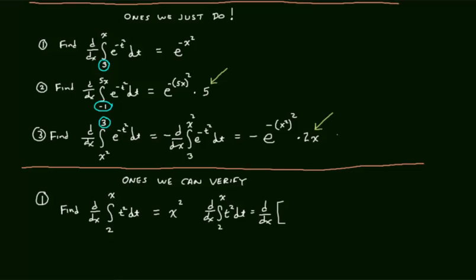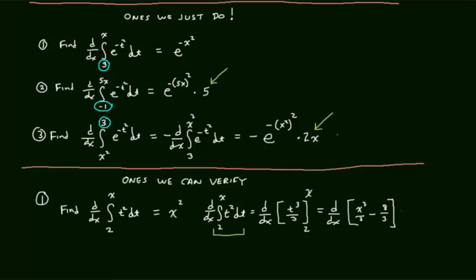But then I'm going to use the fundamental theorem of calculus part 2 to do this part. And in doing that, I find the antiderivative of t squared, which is t to the power of 3 over 3. And I'll take that from 2 to x. This derivative with respect to x is still out front. I'm going to plug in the x first, x cubed over 3, minus, now I'm going to plug in the 2, and that's going to give me 8 over 3.